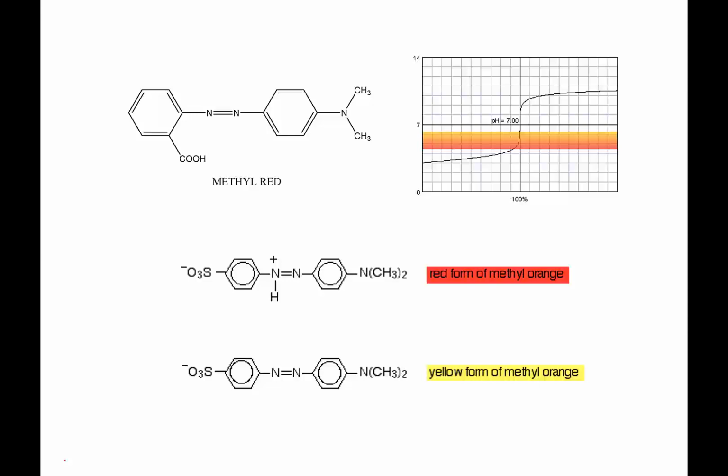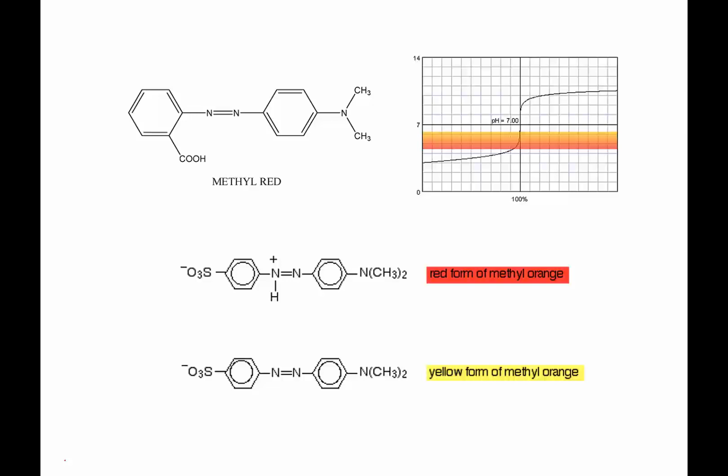If you've used some of the dyes, I know Faith has a whole sheet in her lab notebook on all these different dyes and what their pH and what their color transitions are. Methyl red is one of those dyes. And so at one pH, methyl red is yellow. At another pH, it's red or orange. So when you're doing your titration, you can see the change in color and know where your endpoint is. That's an example of a diazo dye.